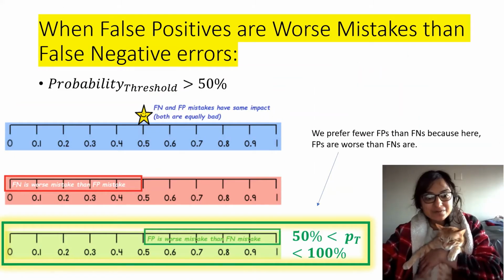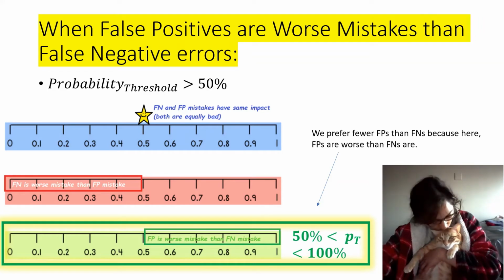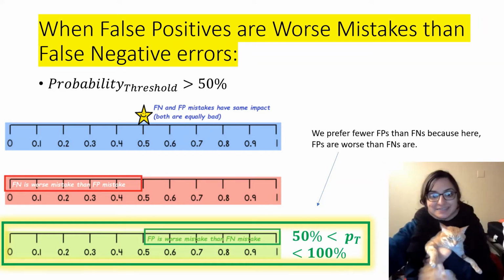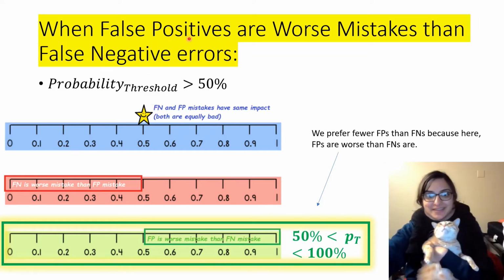And lastly, we will talk about when false positives are worse mistakes than false negatives, and that's when the probability threshold is greater than 50%. When the probability threshold is greater than 50%, then false positives are worse mistakes than false negatives.